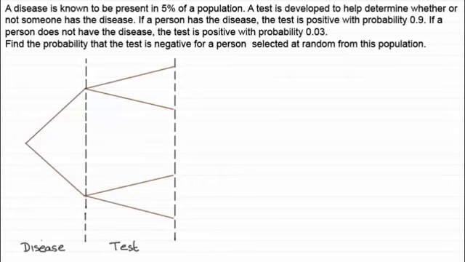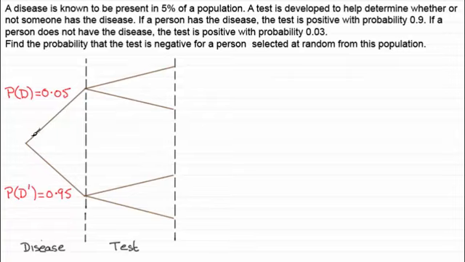So if you put those probabilities in, the probability of having the disease, which I've given as the letter D, is 5% or 0.05. The probability of not having the disease must then be 95% or 0.95. And then we go on to the test to see what the result is going to be, whether positive or negative.